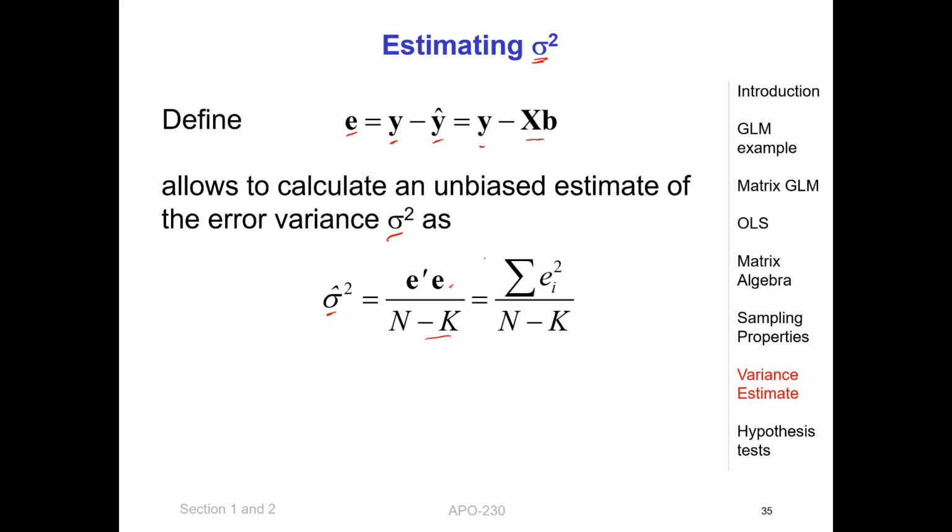In other words, the sum of squared estimated errors divided by n minus k. And what is this called? You must know it already: the degrees of freedom.